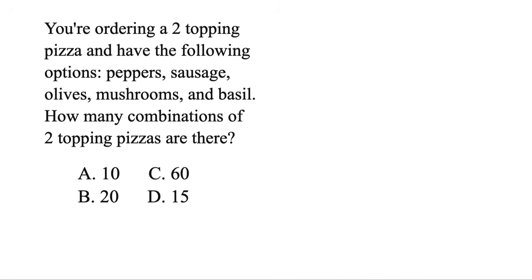You're ordering a 2-topping pizza. You have the following options: peppers, sausage, olives, mushrooms, basil. How many combinations of a 2-topping pizza are there? Well, you could do this one by hand, because you could say peppers, sausage, peppers, olives, and just keep going from there. All the pepper combos are these ones. Then when you pick up with sausage, you don't want to go backwards because you already have a pepper sausage combo there.